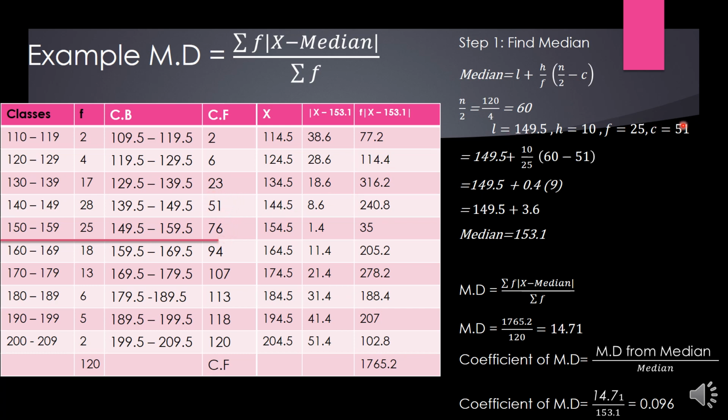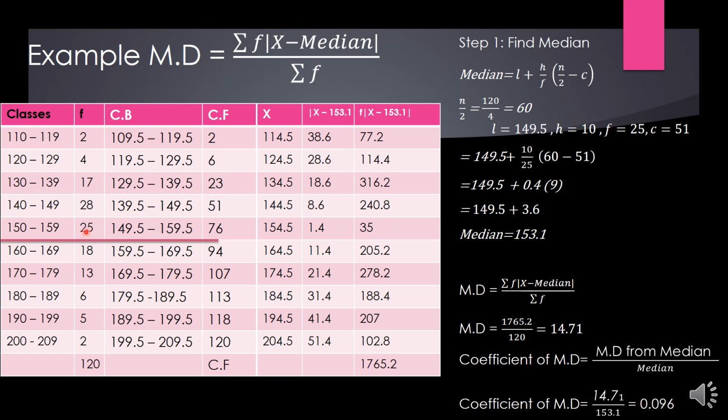Once you have calculated all these values from our median class, we put them into the median formula, calculate with the help of a calculator, and you get your median. Once you have 153.1, which is your median, you need to find x minus median.